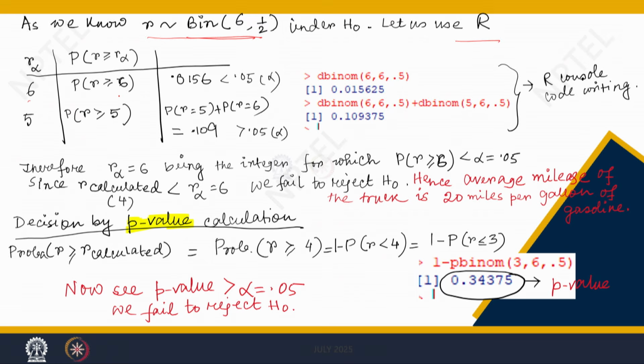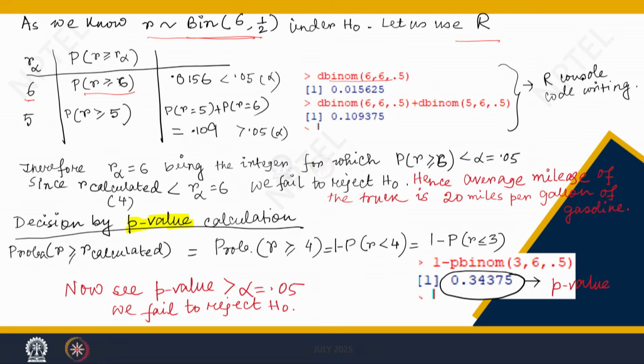So, the conventional strategies start from the largest value of x. What is the largest value of x? The largest value of success in a binomial 6, half experiment, that is 6. So, now figure out what is probability r greater than or equal to 6. You can use dbinom(6, 6, 0.5).